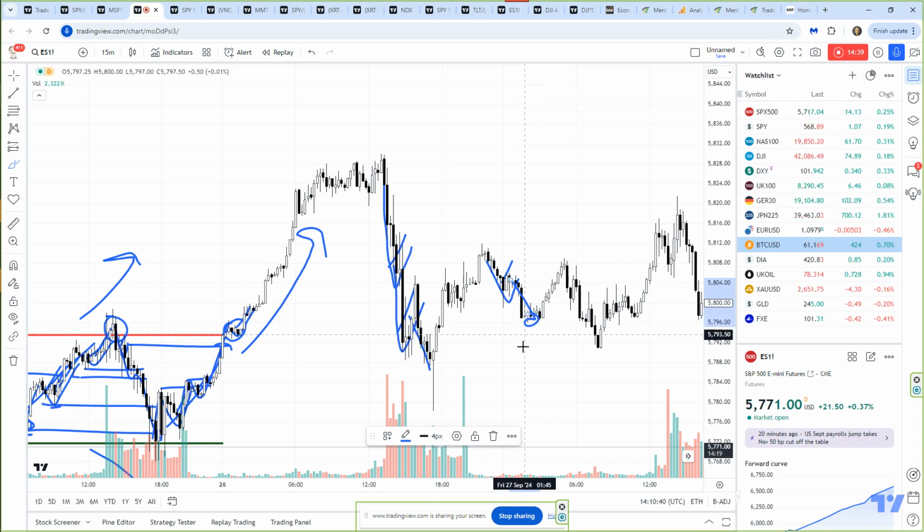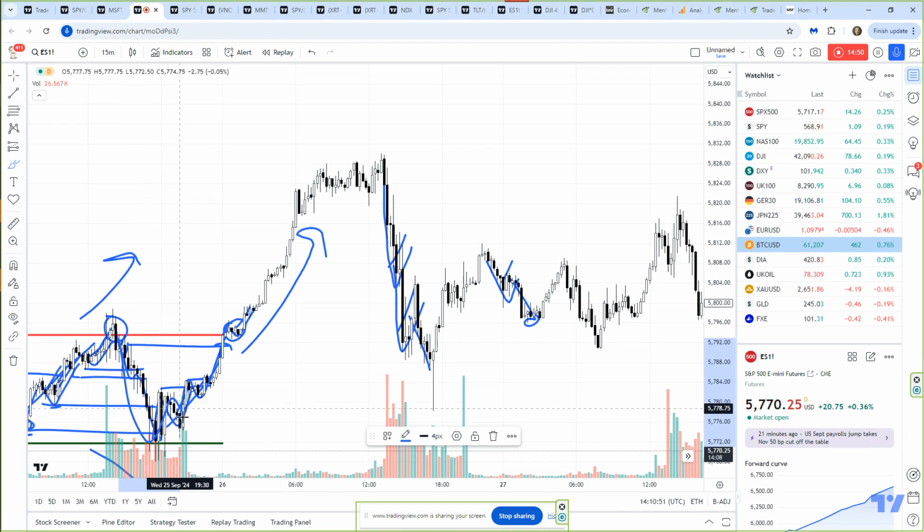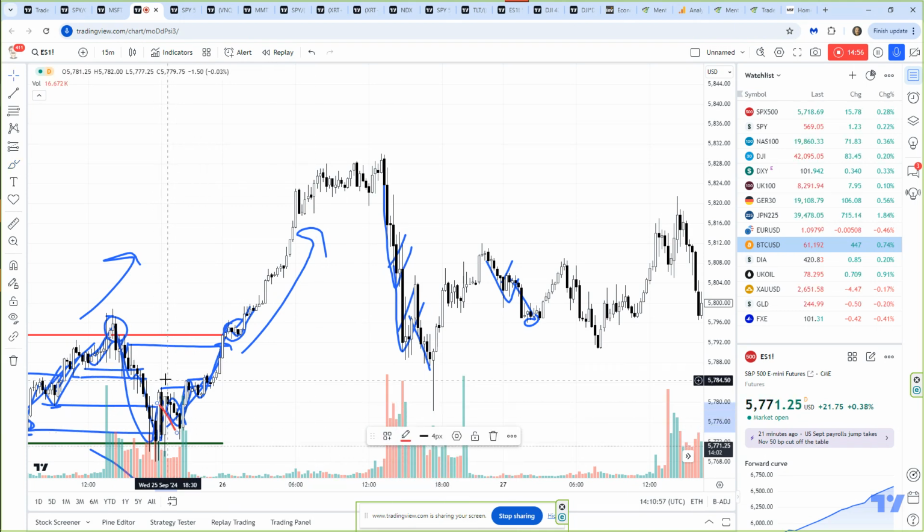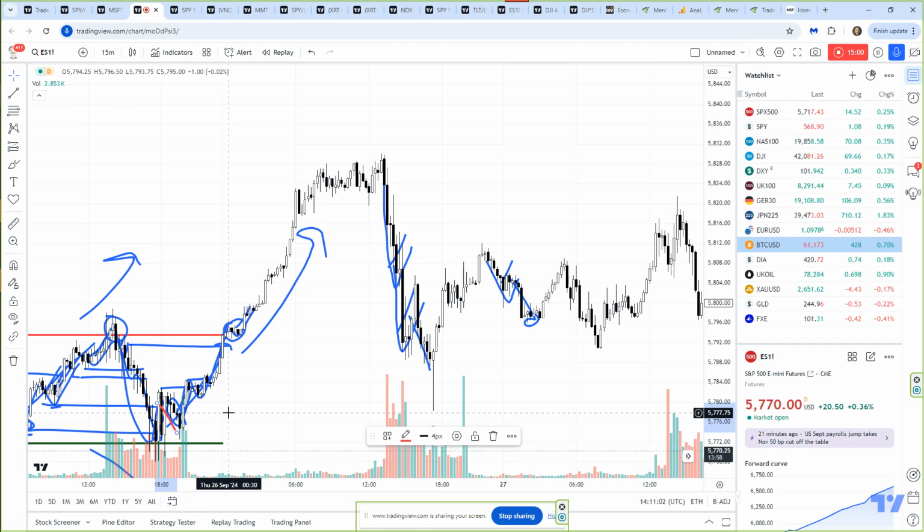So this is an invalidated pattern. The way a real downtrend flagging pattern would work is like this. So you have this move here, flagging down here. This is the actual inverted pattern. Let me try to draw this.